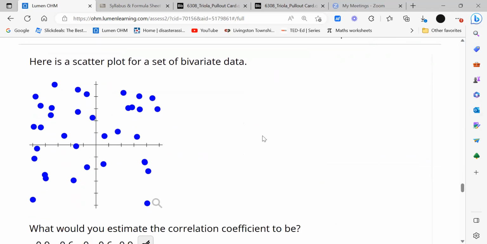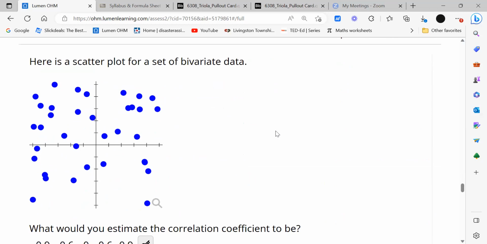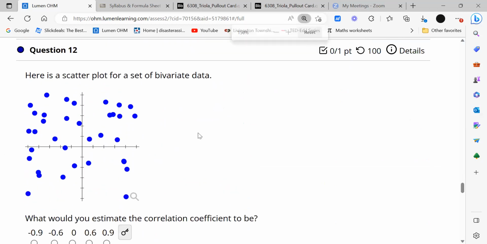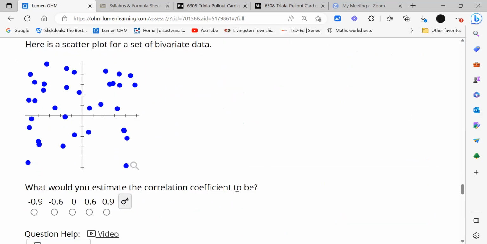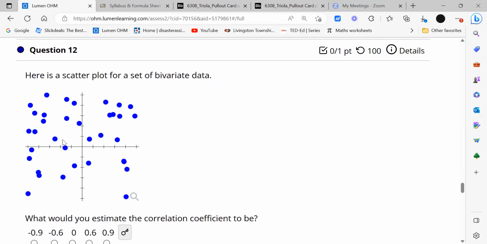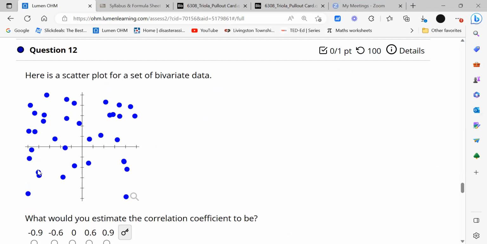That's 11. Question 12. We have a scatter plot here for a set of bivariate data, and you want to estimate the correlation coefficient. If you look at this, it looks like a random plot. There's no clear pattern and no linear relationship appearing in this data set in the graphical presentation.